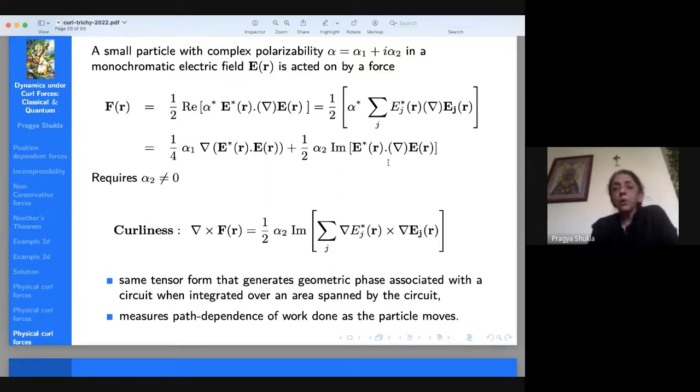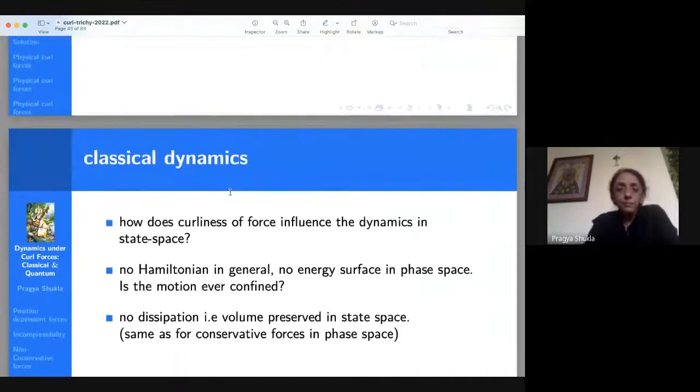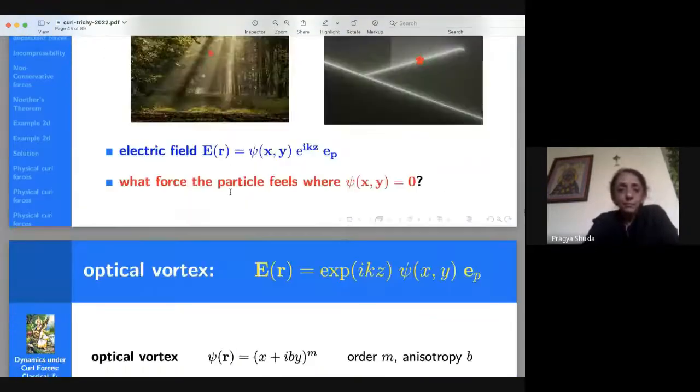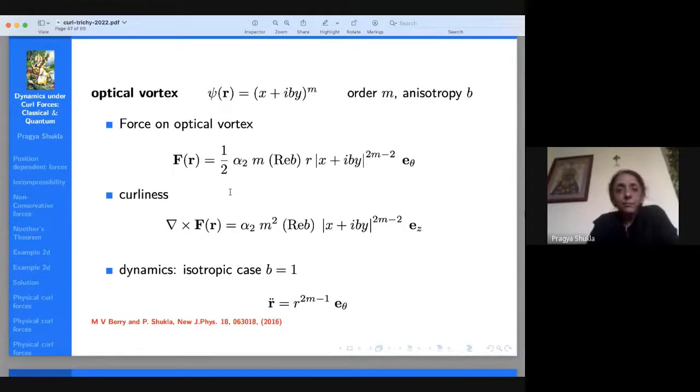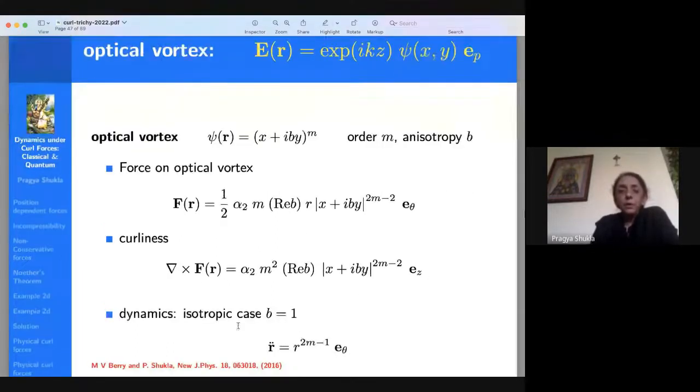Now you substitute this electric field with this psi, and you get the result in this form. You can work out the curl force, and it turns out to be of this form.